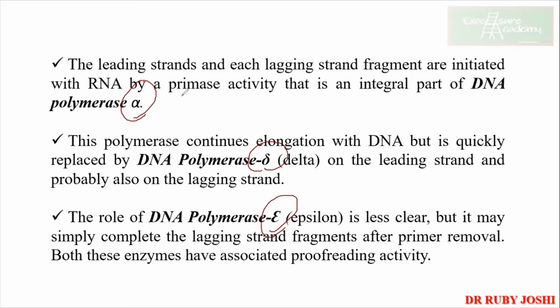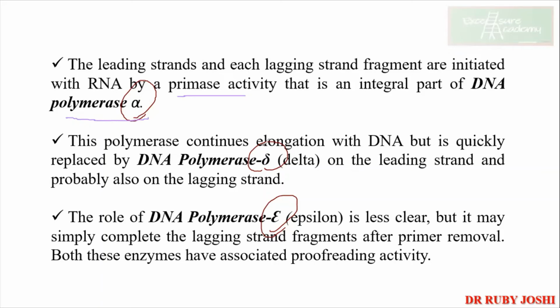So the leading strands and each lagging strand fragment are initiated with RNA by primase activity, which is done by the polymerase alpha. Okay. वहां पे क्या था आपका DNA G, which has got the primase activity. Here it is your DNA polymerase alpha. Okay, just compare and study so that you can remember.